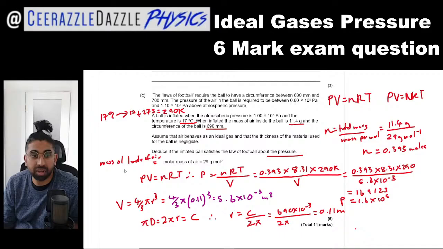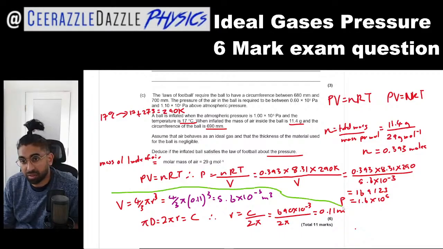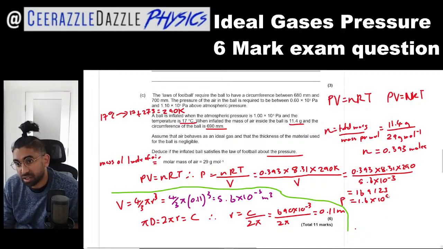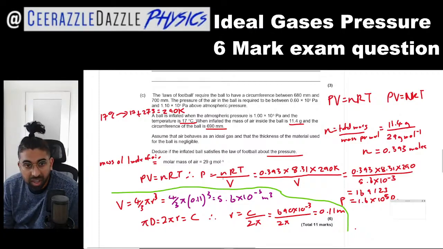So the pressure is equal to this. I'm just going to put a line so that we don't get confused about which bit we're looking at. There we go. So the pressure is equal to 1.6 times 10 to the power of 5 Pascal. Okay, right. So now, finally, don't forget we've got to deduce if the inflated ball fits this condition. Does it fit the condition they stated at the start? Or does it?